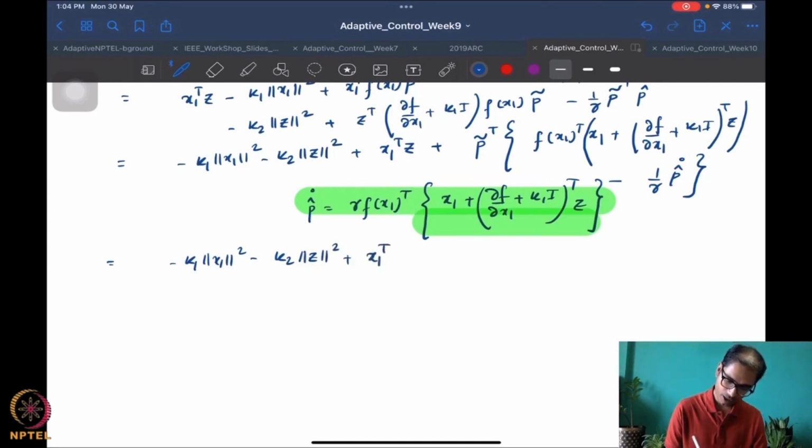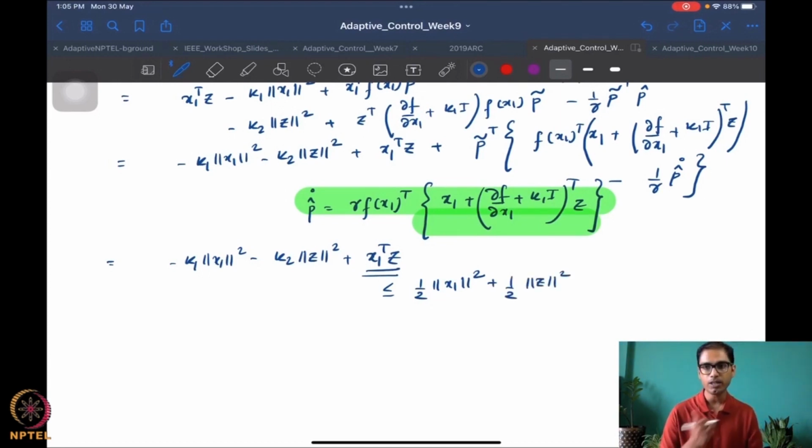So this entire thing is less than or equal to minus (k1 minus half) norm x1 squared minus (k2 minus half) norm z squared.